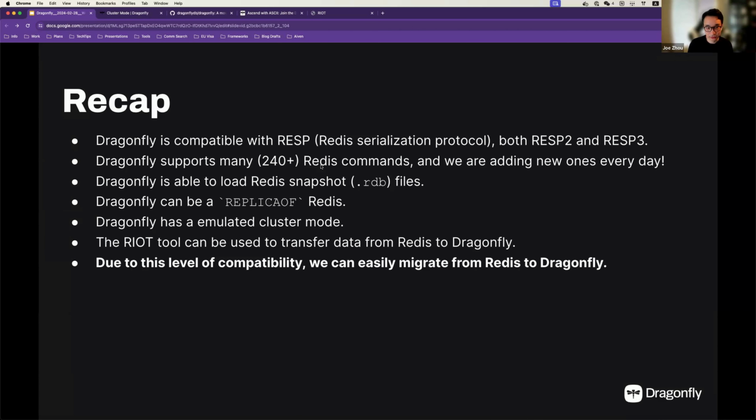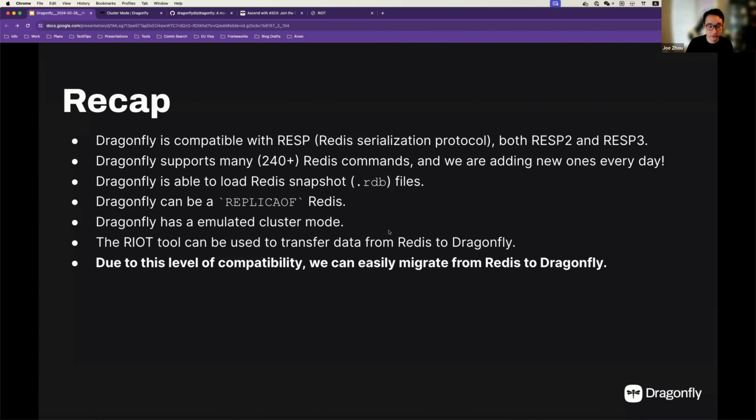And it is also able to load the Redis snapshot file, which is the RDB file. And Dragonfly can be a replica of Redis. And we also have an emulated cluster mode. Sorry for the typo over here. We have an emulated cluster mode in Dragonfly, which supports migrating from a Redis cluster to a Dragonfly single instance. And finally, the Riot tool can be used to transfer data from Redis to Dragonfly.